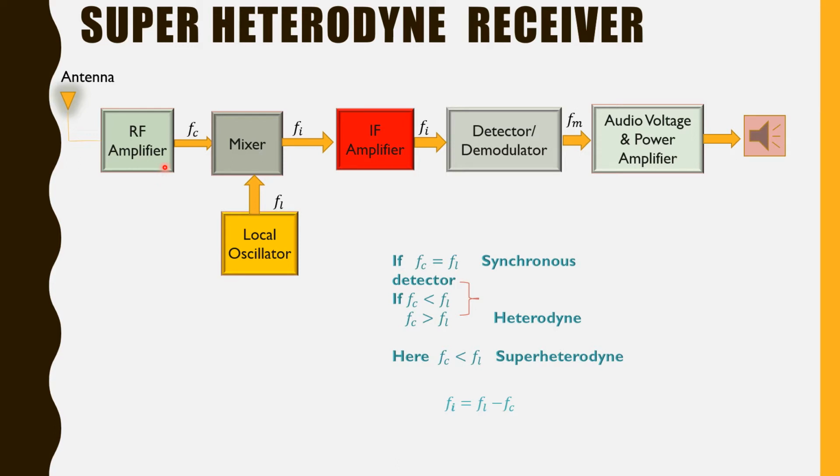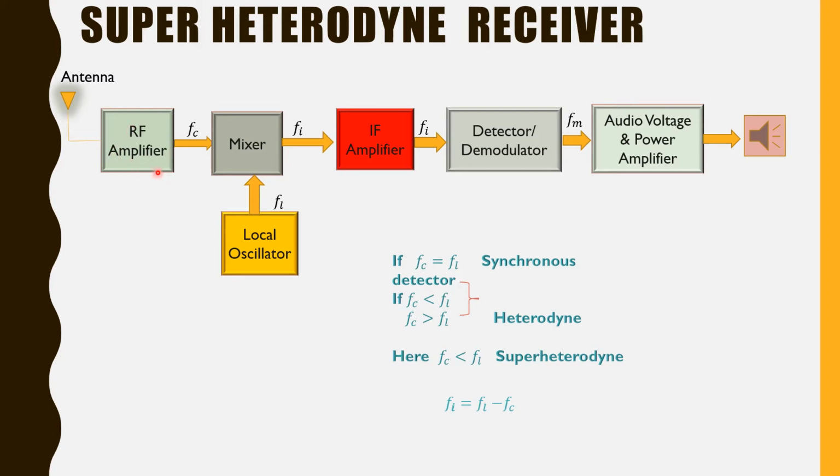Class C RF amplifier not only amplifies our incoming signal, but there are three main purposes of using this RF amplifier. First purpose is to reject image frequency. Second purpose of RF amplifier is to provide better sensitivity by increasing signal to noise ratio.